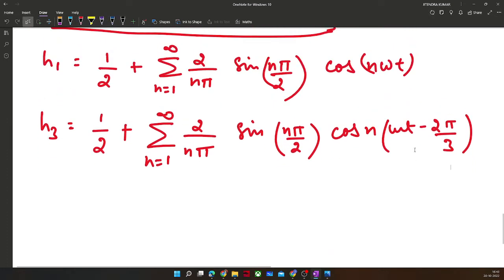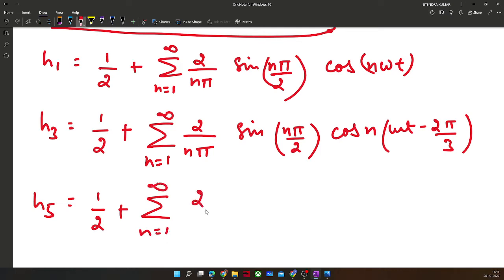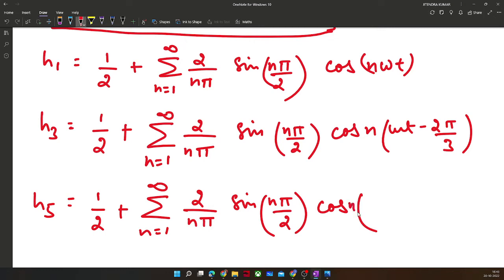Similarly, I can write H5 as half plus 2 by n pi sine n pi by 2 cos of n omega t plus 2 pi by 3. Okay, so we just computed H1, and H3 and H5 just come out by shifting, right?